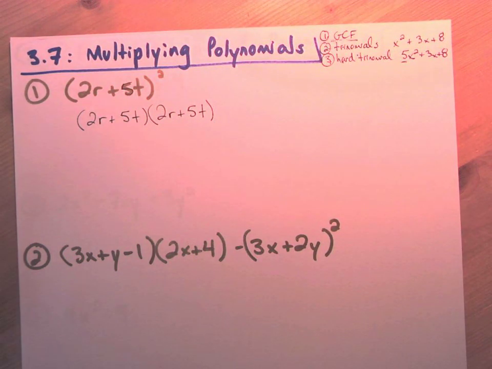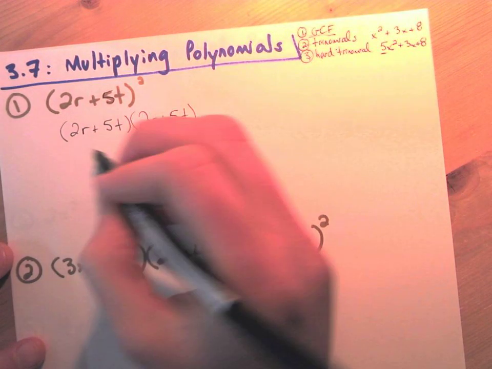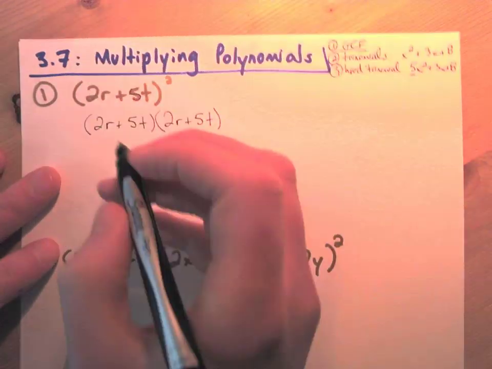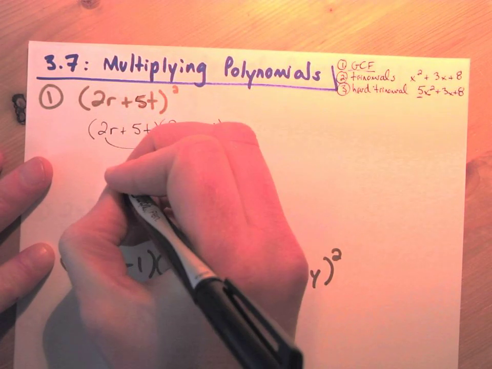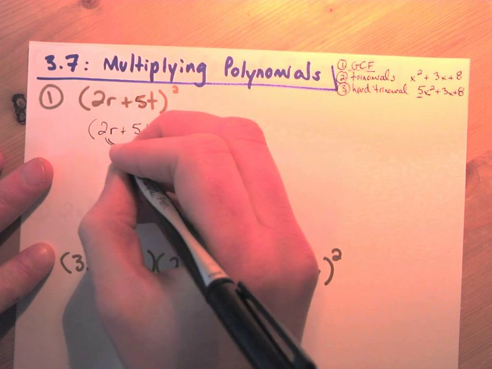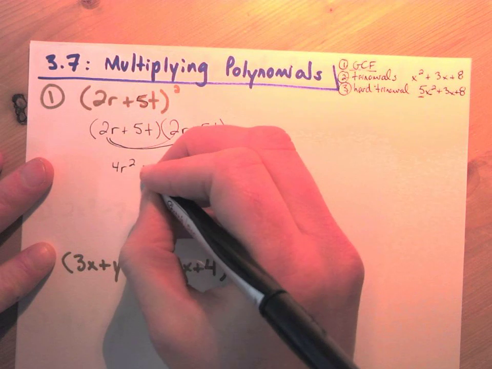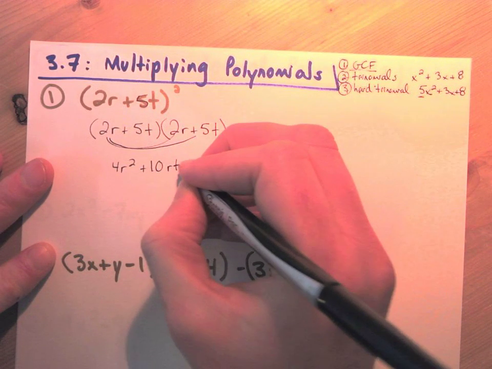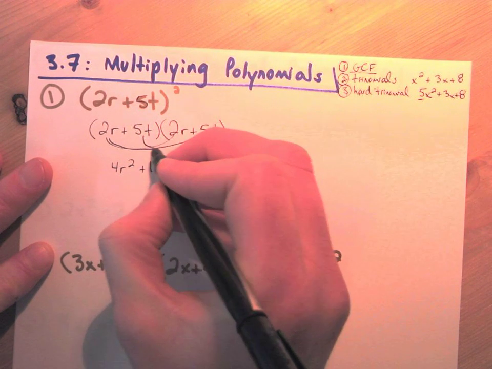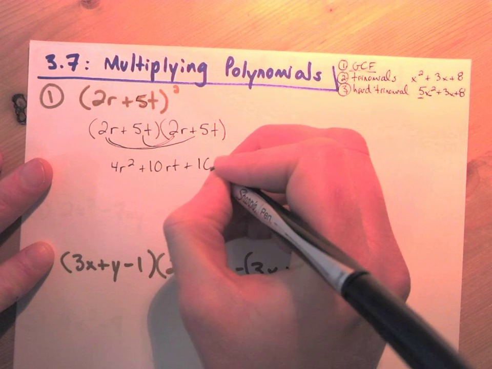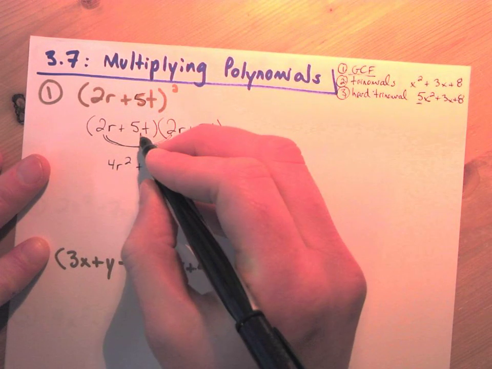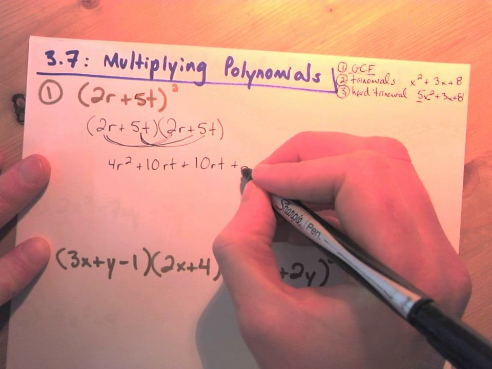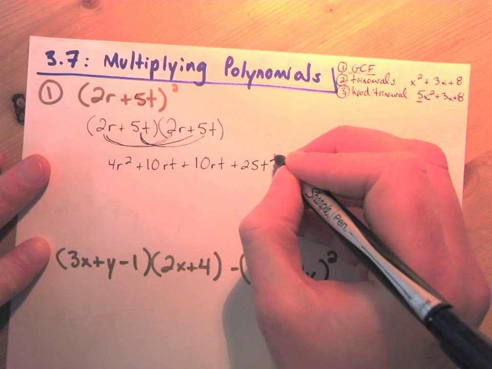Like that. Okay, so now we just have to FOIL this out like we've seen before. So 2r times 2r is 4r squared. 2r times 5t is 10rt. And then 5t times 2r is 10rt. And then 5t times 5t is 25t squared.